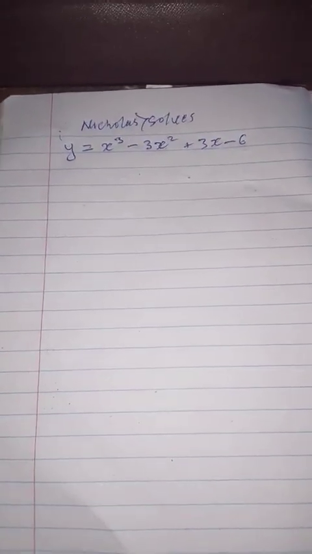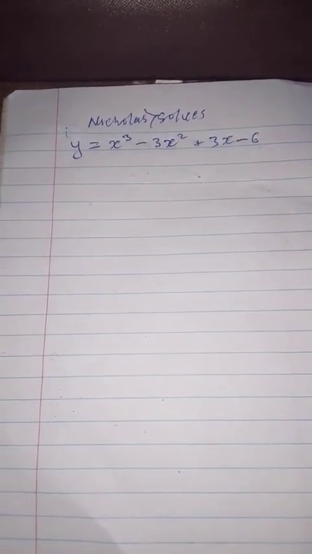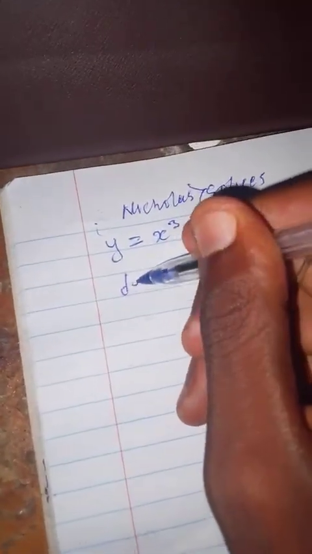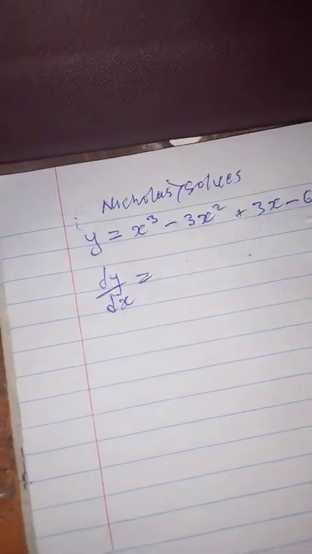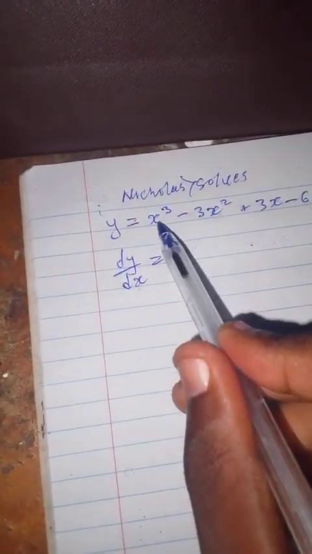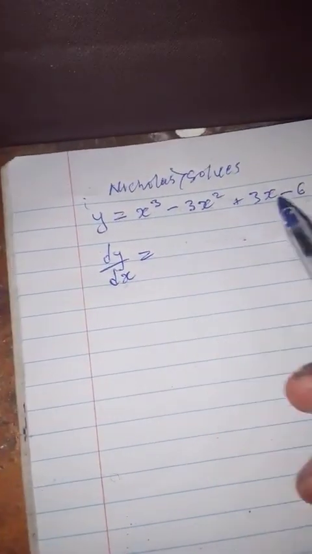In calculus, we use differentiation to find the gradient of any given curve. So we say dy/dx will be equal to, and we differentiate the equation we are given.